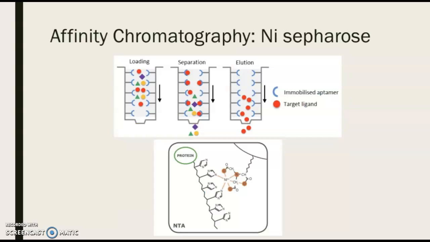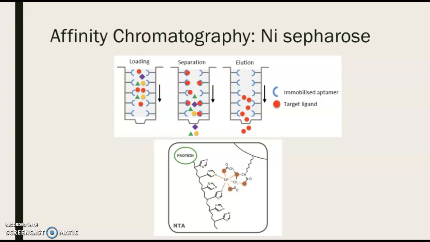So a nickel column uses a solution known as nickel Sepharose. This is what we went over in lecture known as affinity chromatography. Our desired protein, fatty acid synthase, is known to have a his tag. This is demonstrated in the picture below. Our protein is that circle in green, and in our case it will be FAS, and it has this his tag chain.